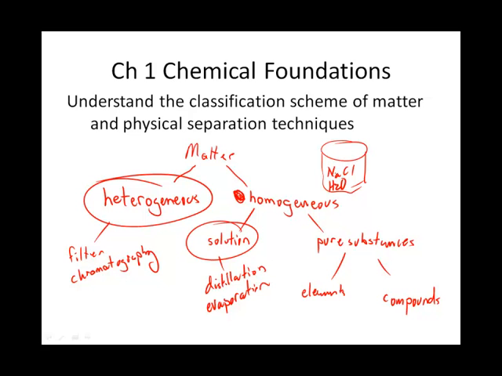How do we get salt separated from the water? Well, that process you usually just call evaporation. You evaporate all the water away and leave the salt behind. So separation techniques can be very simple, or they can be quite complicated. So as we go through the year looking at labs, be sure you note these separation techniques that we're going to be using.